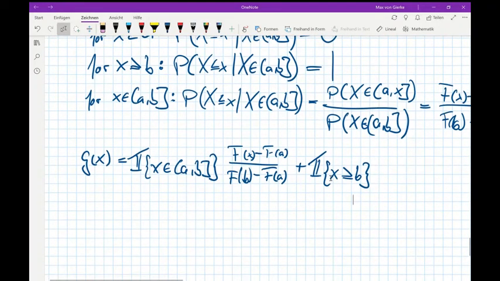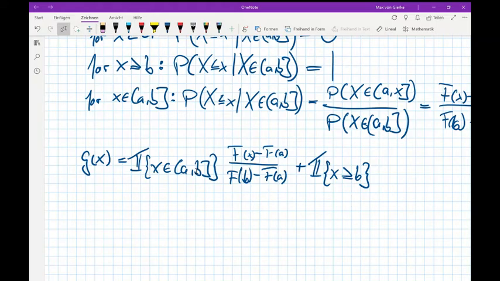We're good. This is the CDF of W, which was the first part of the exercise.